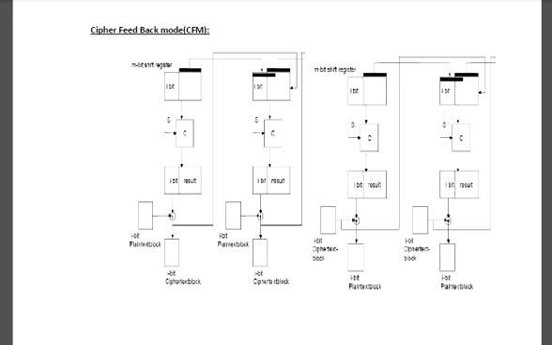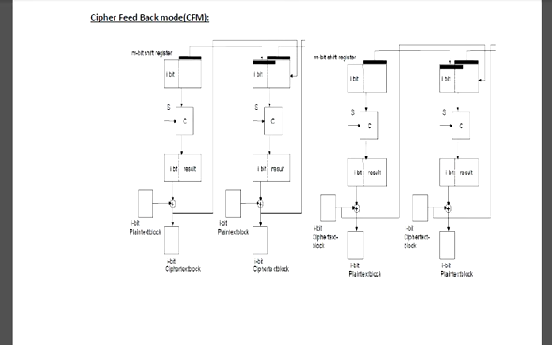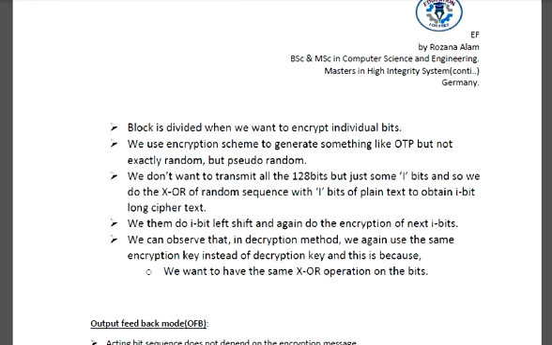With this s-bit cipher text block, we make a left shift register of s bits, and the rest we use for the later steps. So the block is divided when we want to encrypt individual s bits.